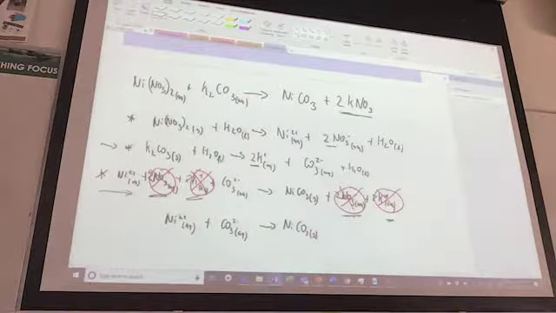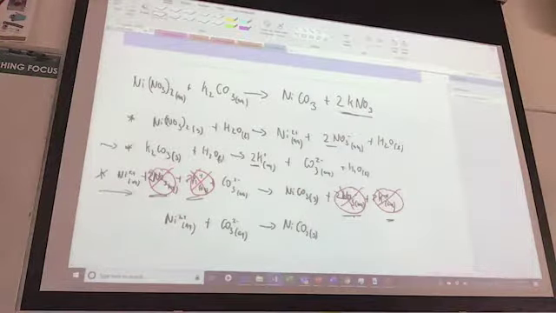Yep. Because if they're not spectator ions, if nickel was only +1 charge, then I would need 2 nickels to balance, so I would have to have that in my balanced ionic equation.